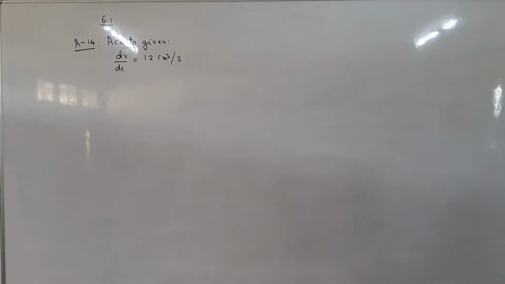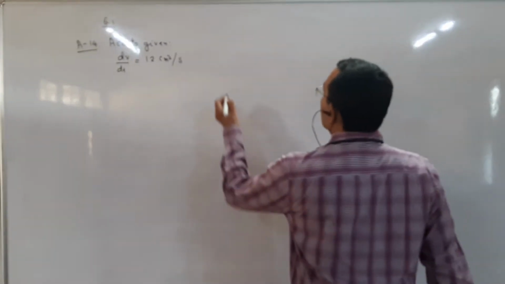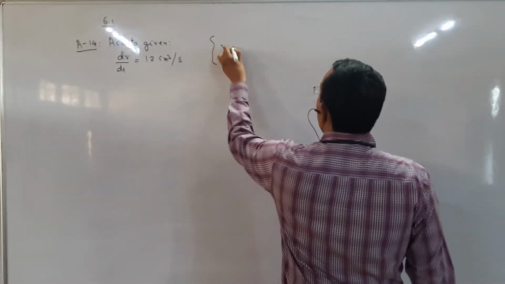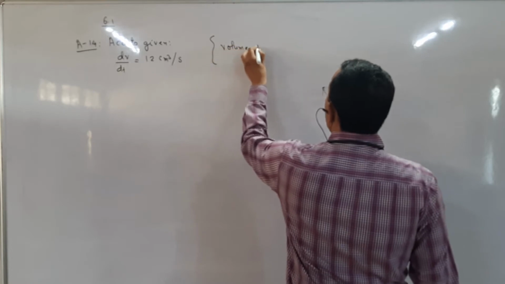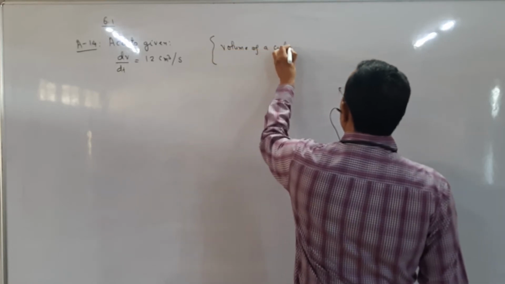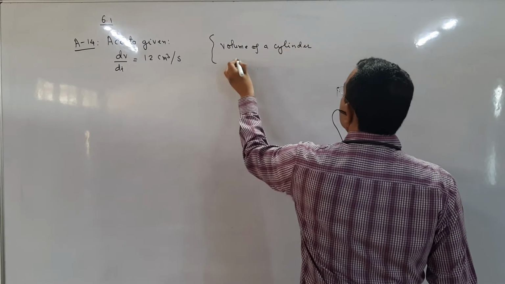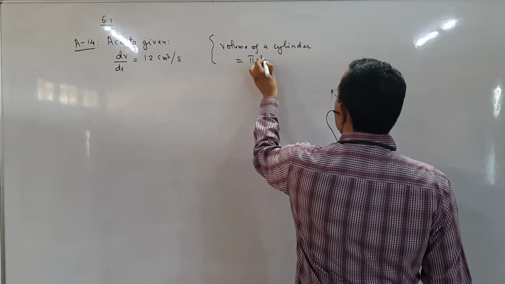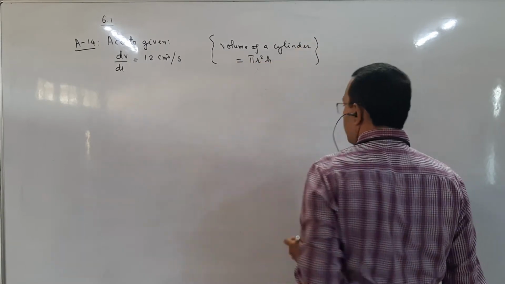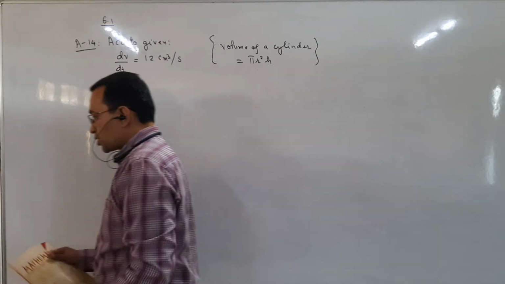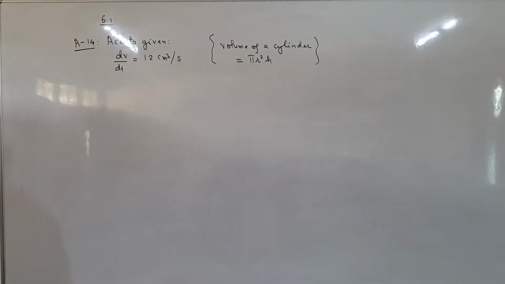So, sand is being poured from a pipe, and a pipe is always a cylinder. Volume of a cylinder, just for your knowledge, all of you know, is the area of the base, which is a circle, into the height, so it will be pi r square into h.